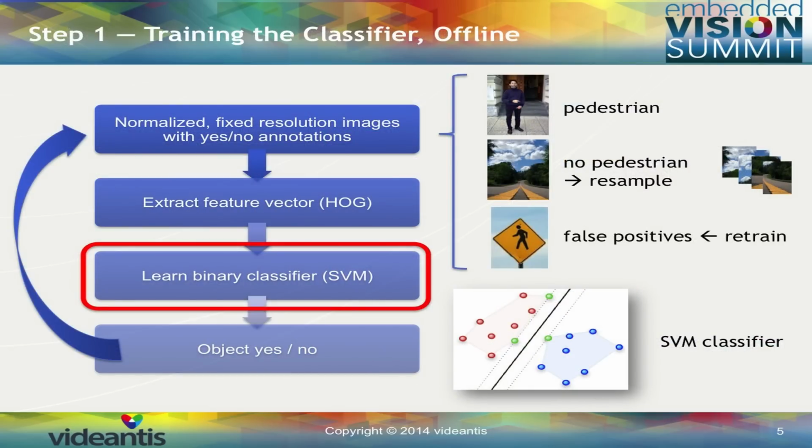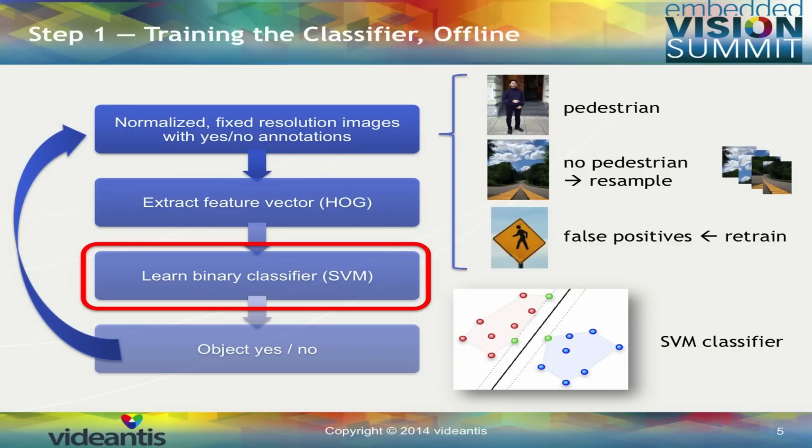So there are basically two steps in HOG. The first step is to train this classifier, and this you do offline. What you need is lots of images. What they did is they annotated lots of different pictures of pedestrians, saying this is a pedestrian, and put that in. The image first gets normalized. You scale everything to a fixed resolution.